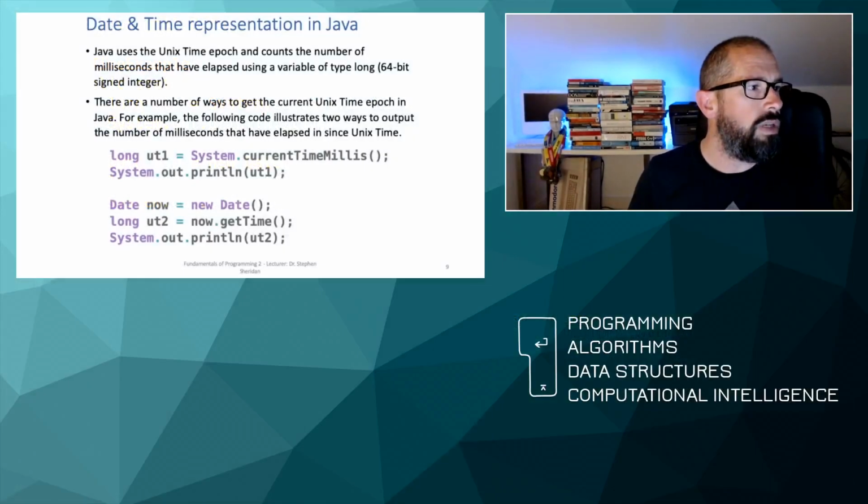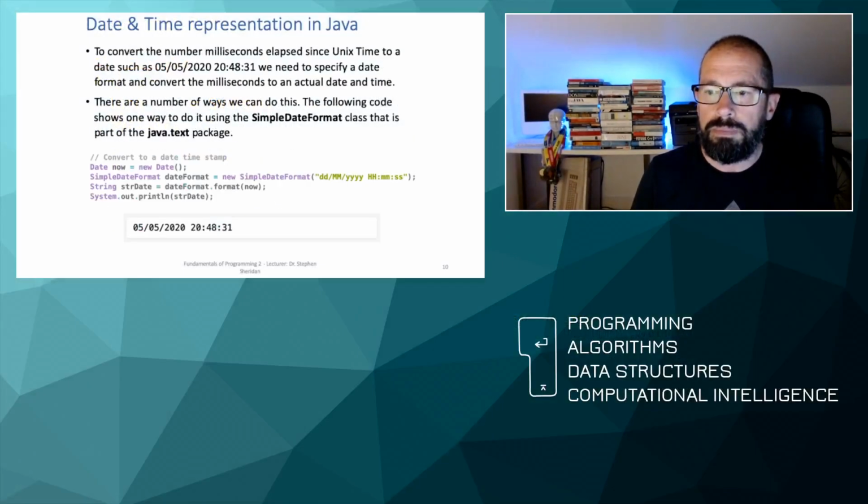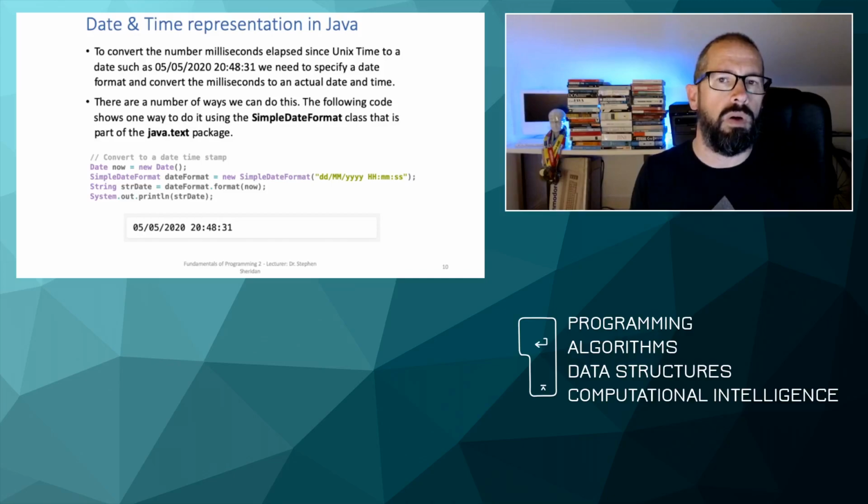Okay, so we're going to look at a way to do that. And one simple way to do that is to use another Java class called SimpleDateFormat. And SimpleDateFormat is a class that allows us to specify a date and time format using a format string, and then we can use that SimpleDateFormat to take an epoch time and represent that epoch time as something more human readable and understandable.